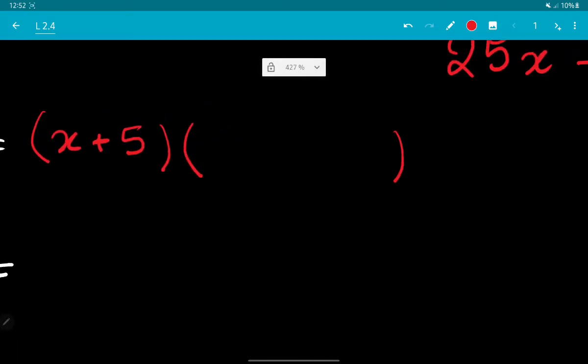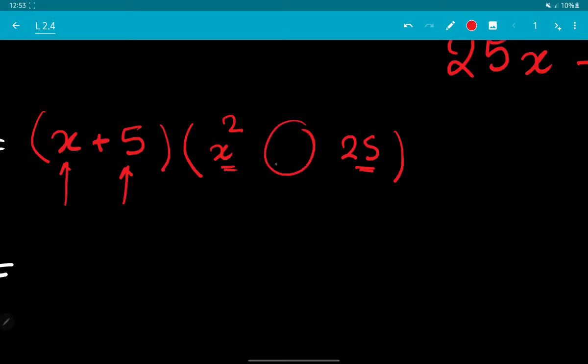What about the second bracket? To know the second bracket, the first one squared will be x squared. The second one squared will be 25. So you will write in the big bracket x squared, the first squared, and the second squared, as you see here. What about the middle term here?